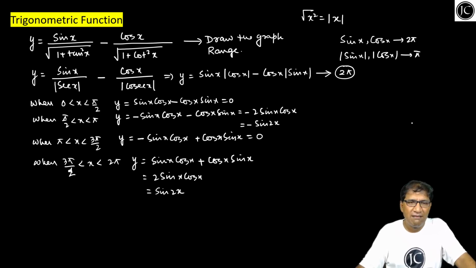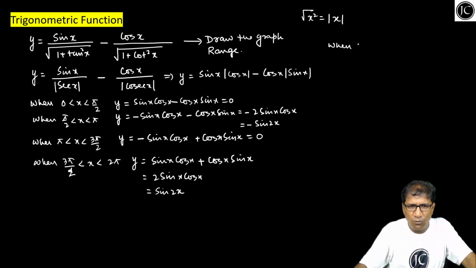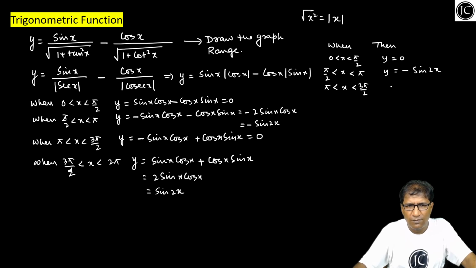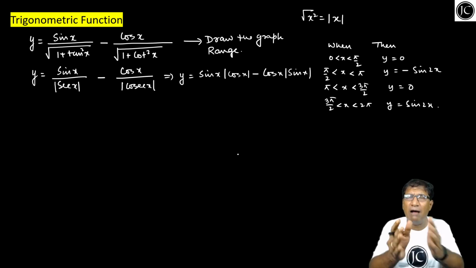Is it clear? Matlab jo bhi humein mila from 0 to 2 pi is range ke andar, let me just write it here. When, then y is 0. Bachchon jo humein mila humne yahan par likh diya.